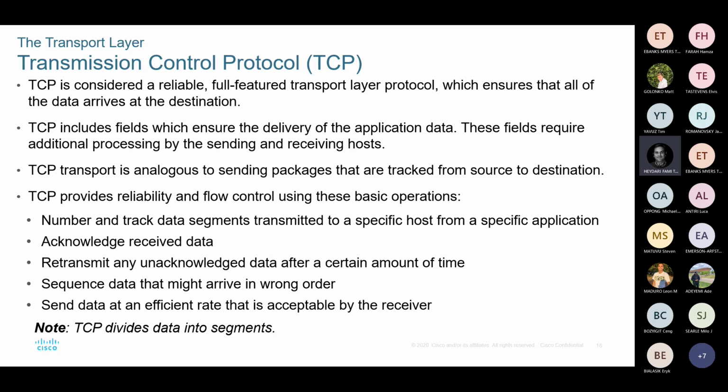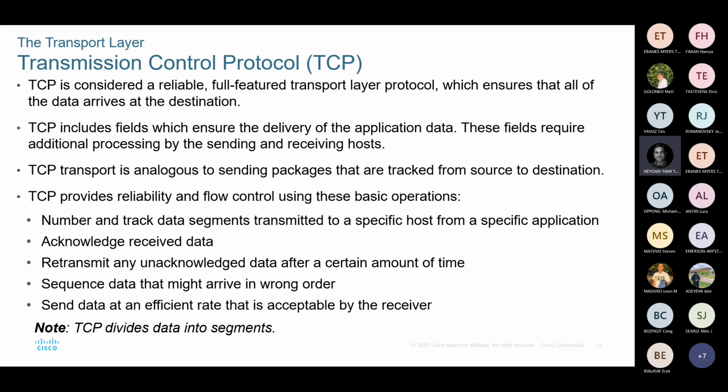But also, with numbering those segments, you can track them in a sense that if the destination is expecting segment 1 through 10, but something goes wrong in communication from point A to point B, and segment 9, for instance, gets lost, the source or sender does not need to resend the whole 10 segments again.